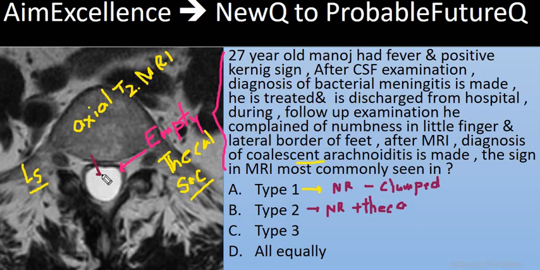is actually best visible in type 2, because in type 3 the nerve roots are also clumped with theca, but they actually present centrally together as one single cord.